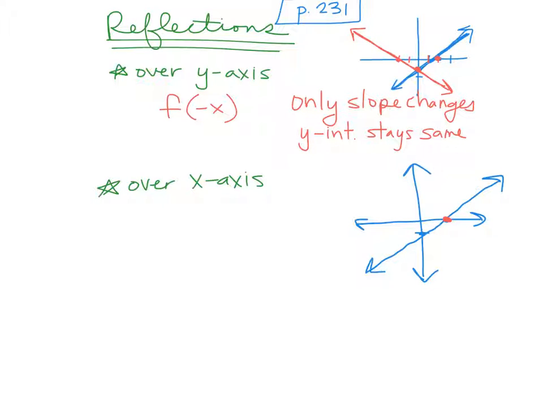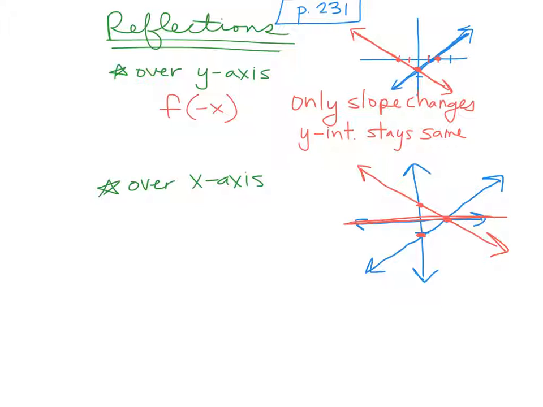Where is this point going to end up if I reflect over the x-axis? I only went down 1, so +1, right here, which means my reflection over the x-axis is going to look like that.